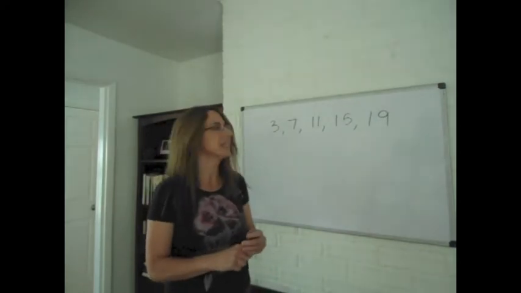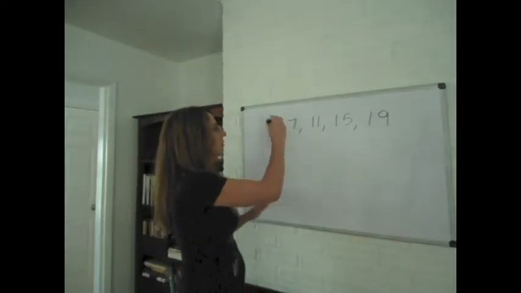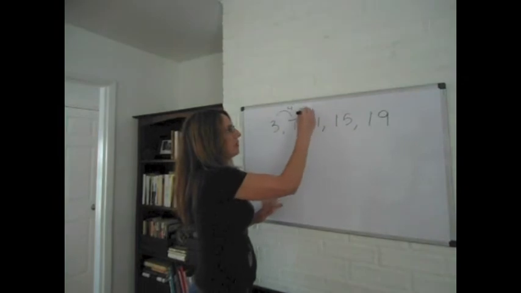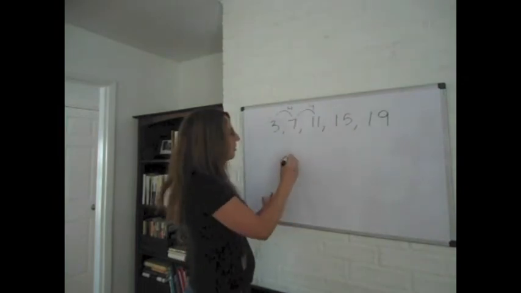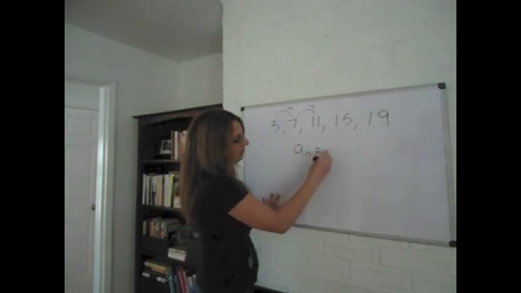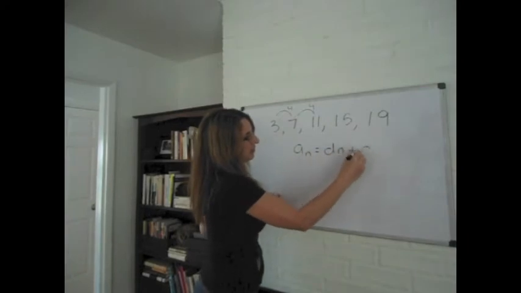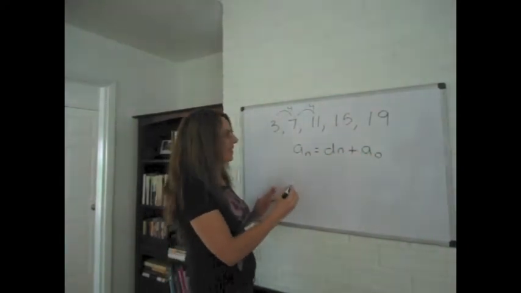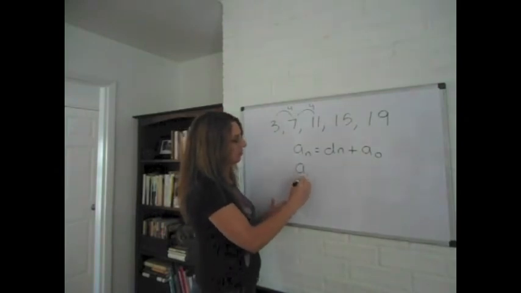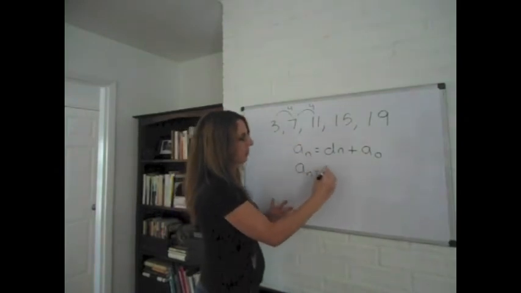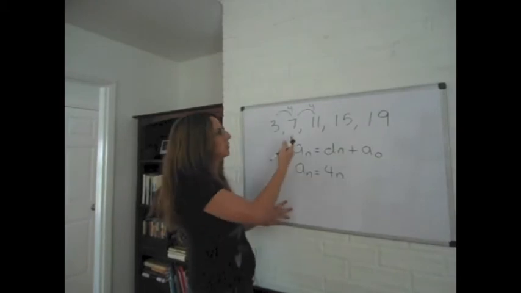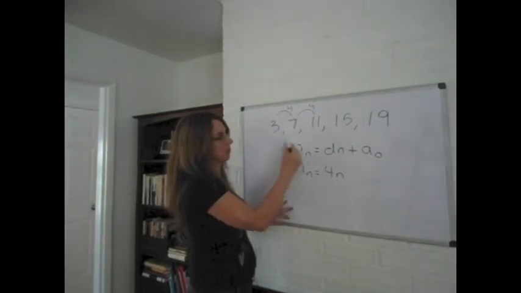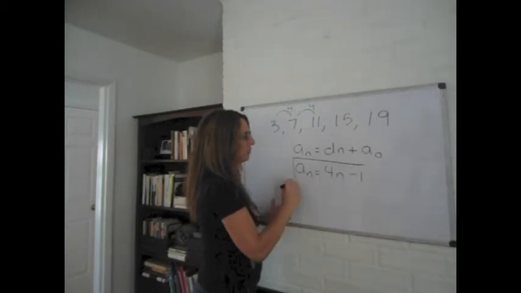We notice once again that we're going up by 4s, so that's my common difference. So my common difference is 4, and a sub 0 is going backwards, so 3 minus 4 is -1, and we're done.